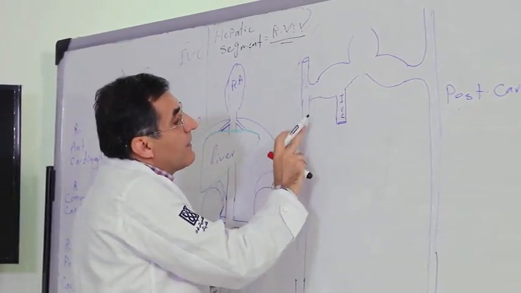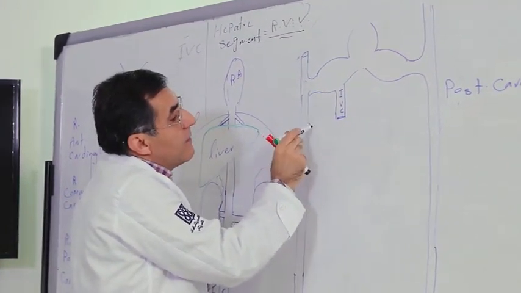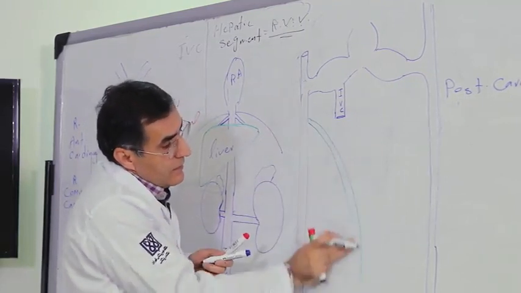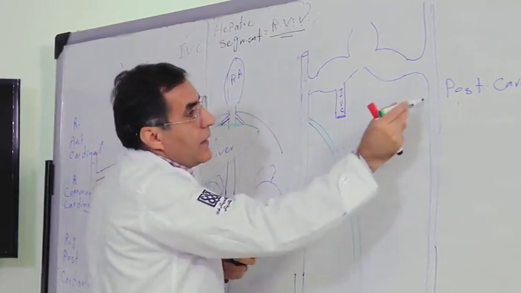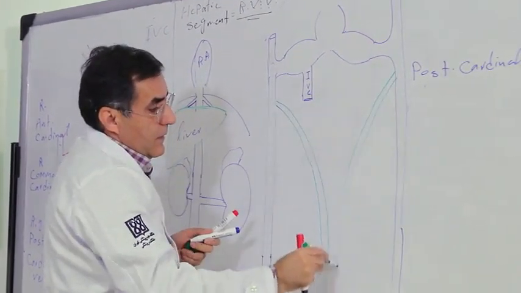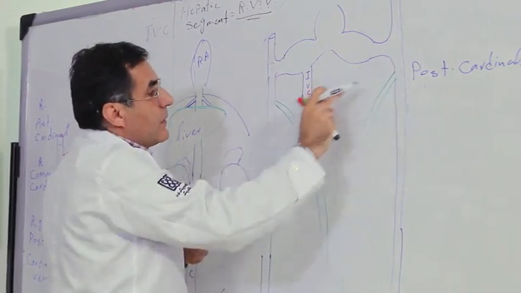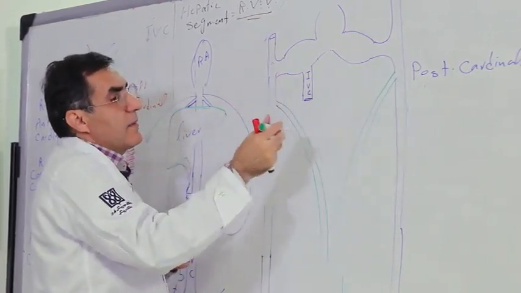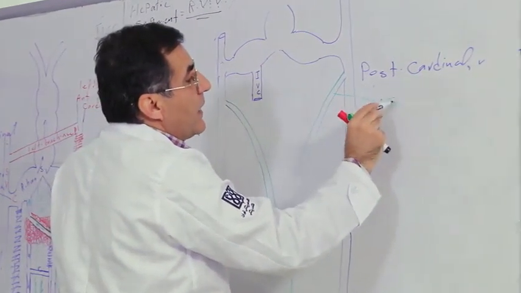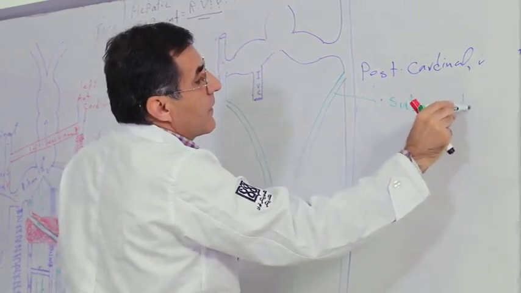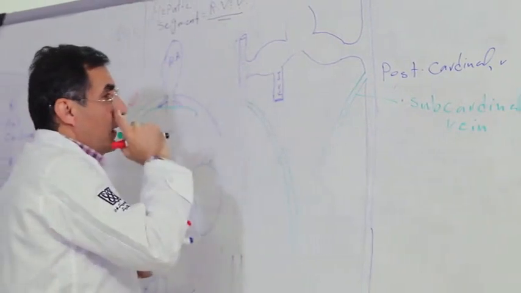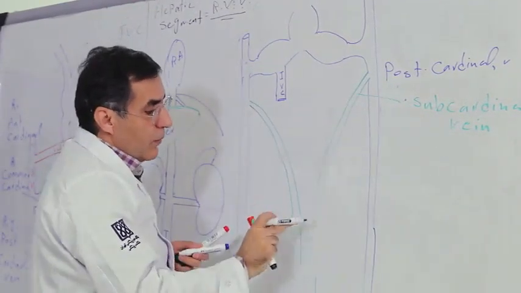At the same time, some new veins are formed, a new vein system. Its name is the subcardinal veins. These veins outgrow from the posterior cardinal vein.